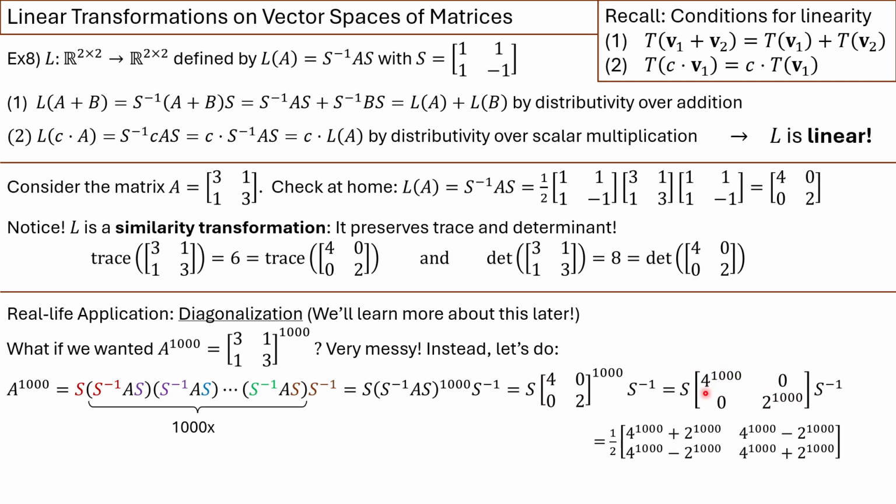All right, so it's going to be 4 to the 1,000 and 2 to the 1,000, and if you'd like to check at home, if you multiply S by this one here, the original [4 to the 1,000, 0; 0, 2 to the 1,000], by S inverse, you do indeed get an actual solution, whereas a computer may not even be able to solve this depending on its number capabilities.